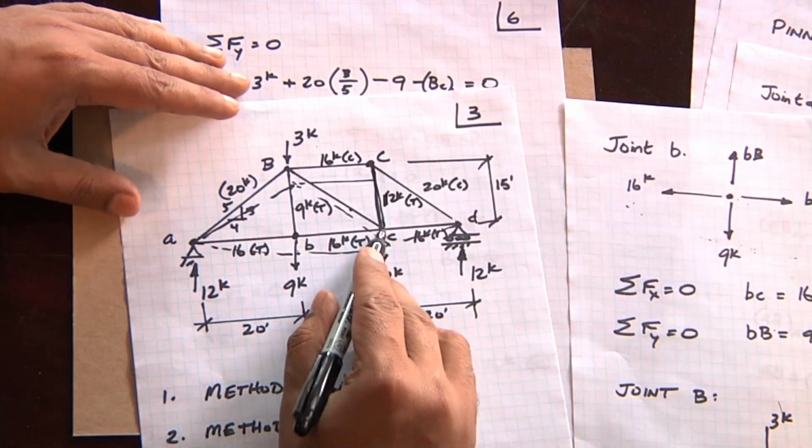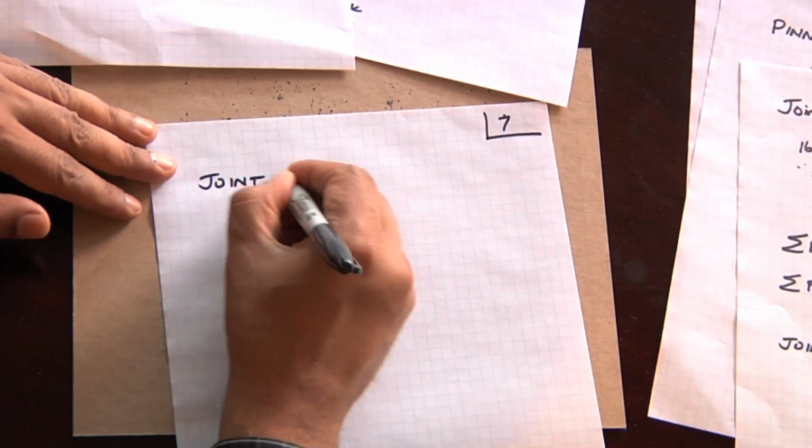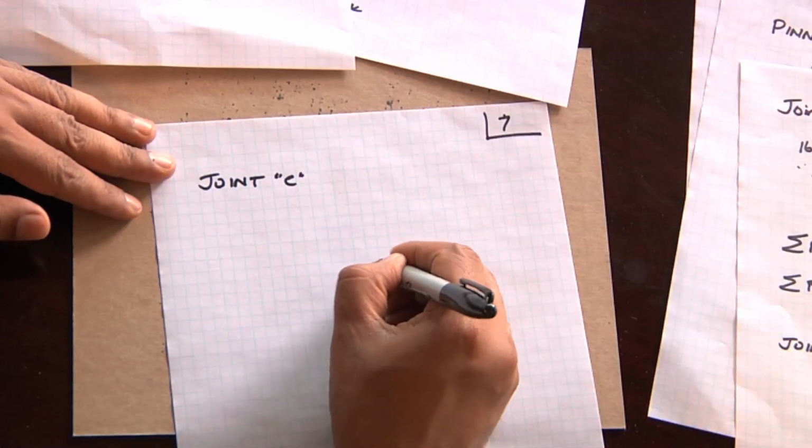And how can I see that? Let's take a look at joint C. Joint C again becomes a rather simplified joint because that diagonal tension member is a 0 load. So I am on sheet number 7. Let's take a look at joint lowercase c.